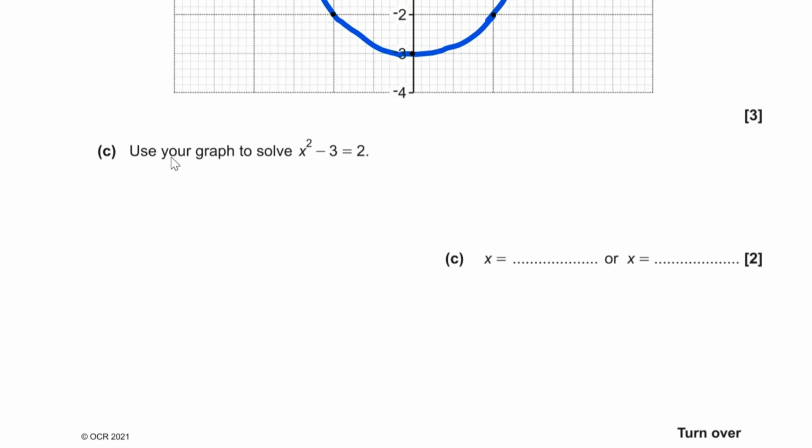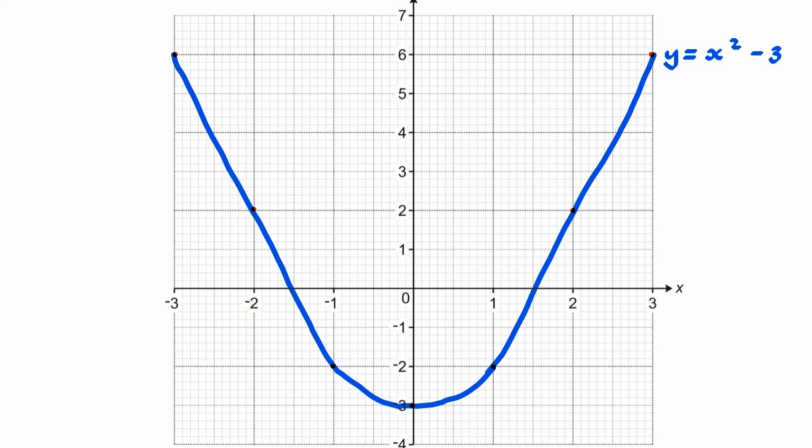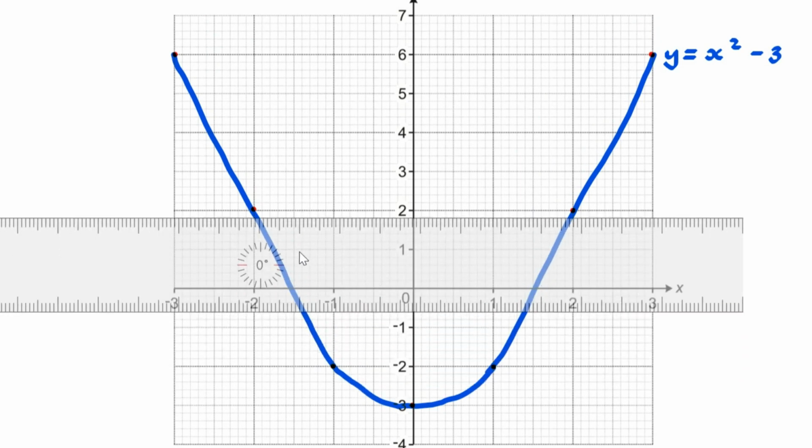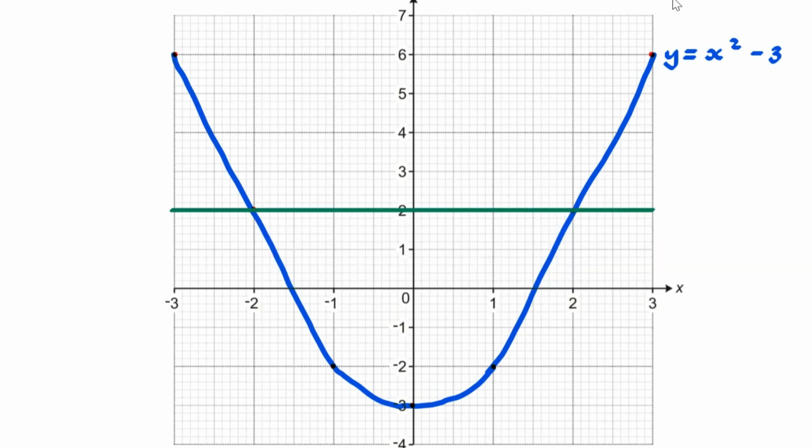Then for part C, we have to use our graph to solve the equation x squared subtract 3 equals 2. Well, if I draw the line y equals 2, that's this line here, what we need to do is read the values for which that corresponds to.